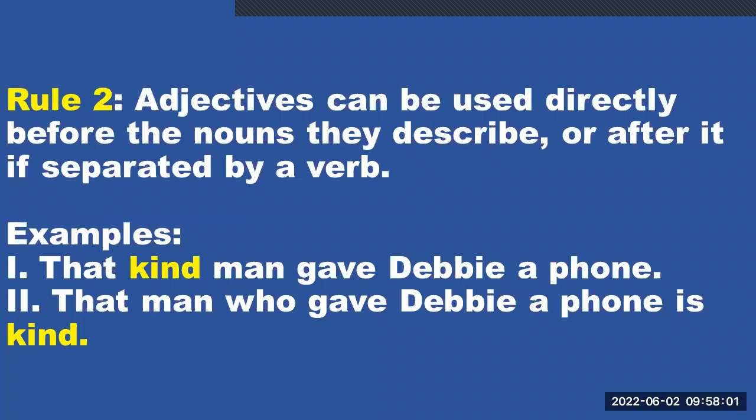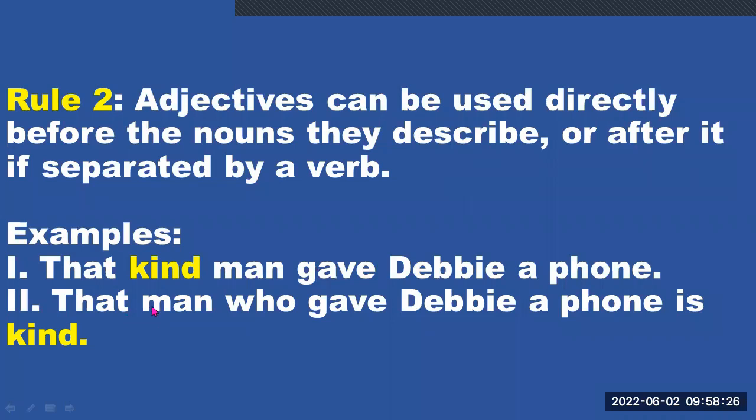That kind man gave Debbie a phone. So here we have a situation where the adjective is used directly before the noun. Kind is the adjective coming before man, which it describes, all right? The kind man gave Debbie a phone.